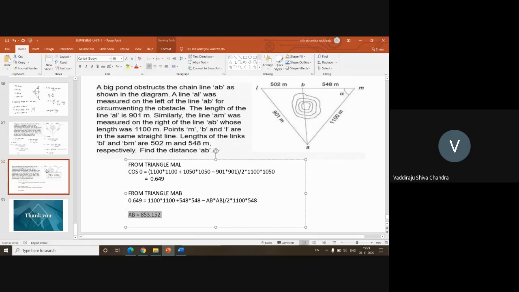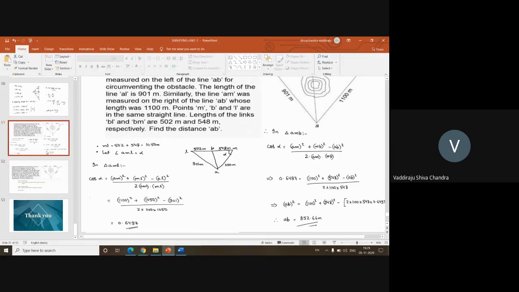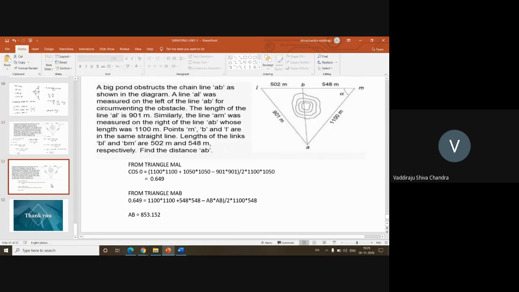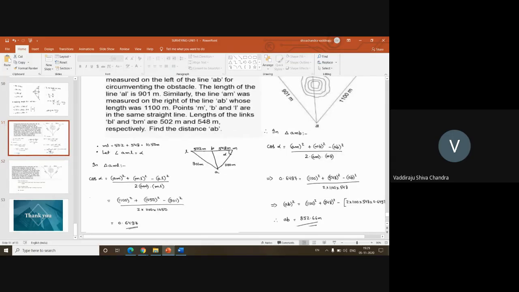There is a slight difference in my answer and your answer. I got 852.66 and you got 853.152. Doesn't matter. It may be because you are using calculators and not cutting short the value directly, so there might be some decimals. Follow the procedure.